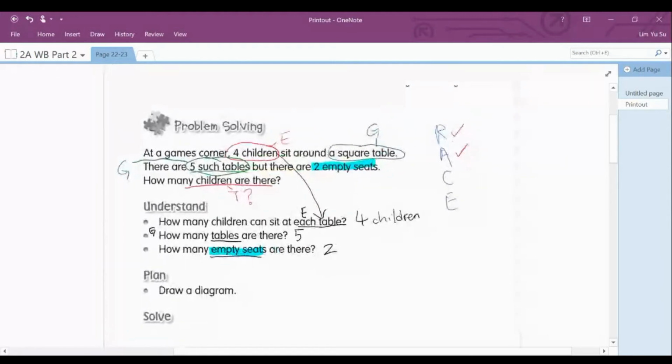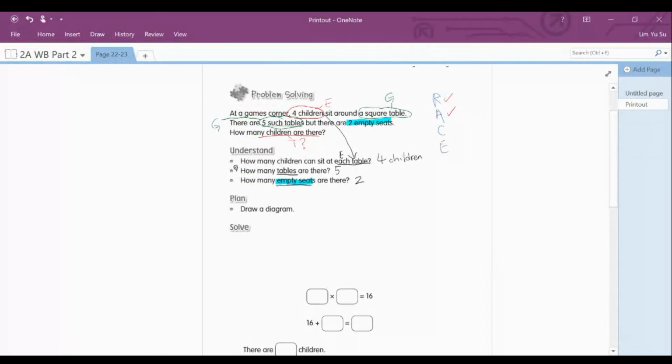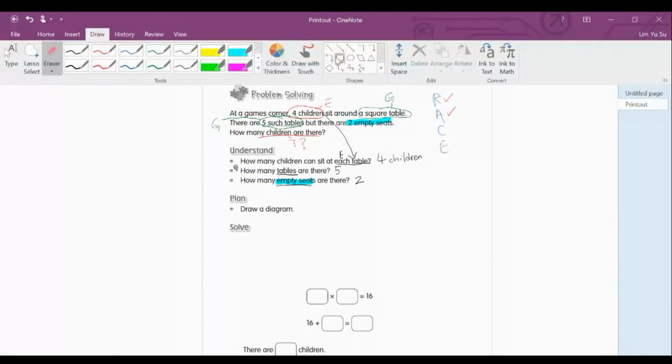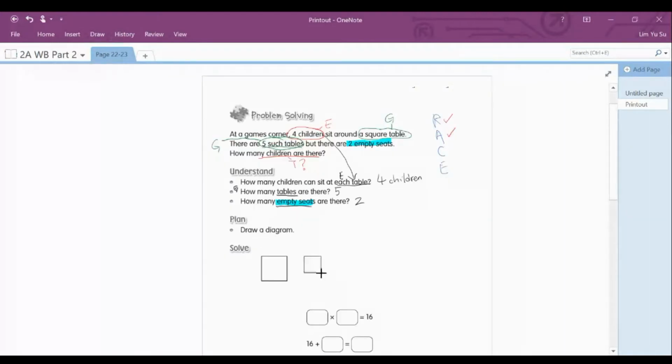Right, let's try to draw the diagram now. There are 5 such tables, so I have to draw 5 of these tables. Let's say this is one table. So 2, 3, 4, and 5.